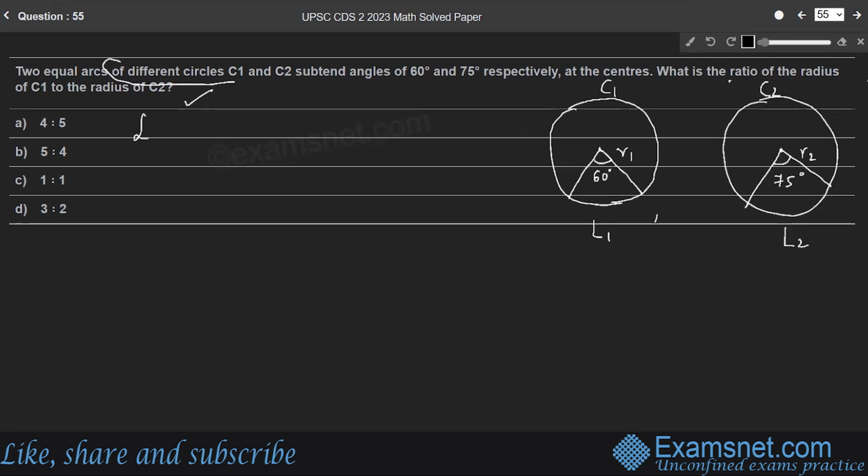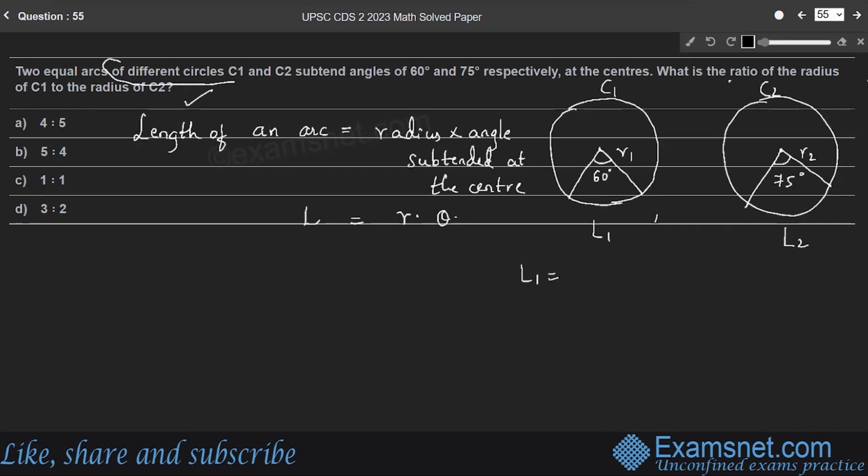So here, students, in case of a circle, the length of an arc is nothing but the product of its radius and the angle subtended at the center. So the length of an arc L is equal to R into theta. In this case, L1 is R1 into 60°, whereas L2 is R2 into 75°.